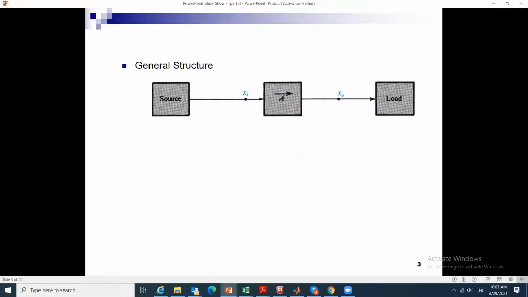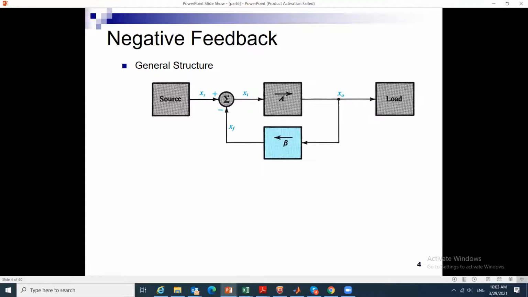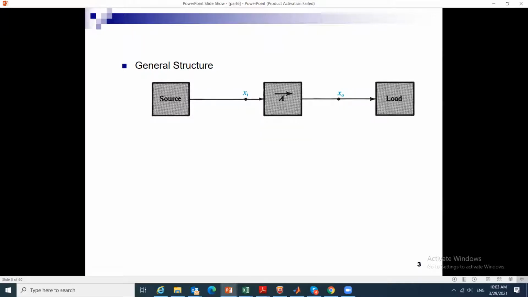For stability purposes, typically we would like to obtain some feedback. Instead of the signal directly feeding Xi, where Xi is equal to Ri over Ri plus Rs times Xs, we get some feedback from the output that is subtracted from the signal in order to stabilize the circuit.